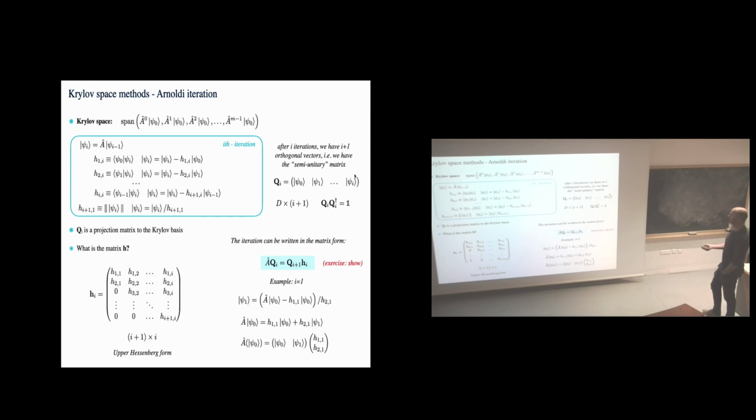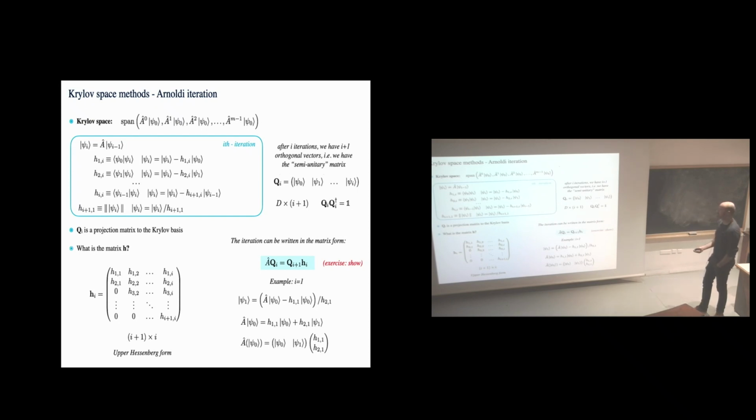If I do this iteration i times, I get i plus 1 orthogonal vectors. So I can think now about the matrix of these new vectors that I get. Let's call it Q. What this matrix really does is project you from your Hilbert space to this Krylov space. So this is a so-called semi-unitary matrix.